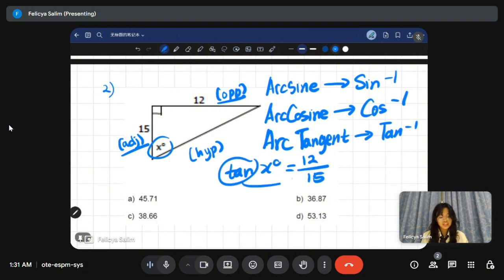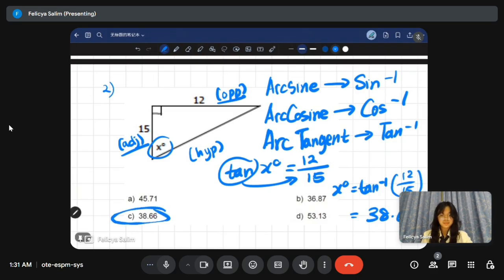Now, to move tan to the other side, this is where you're going to use arc tangent, which is x degrees equals tan to the power of minus 1 in brackets 12 over 15. If you input this into your calculator, you're going to get the answer is C, which is 38.66.